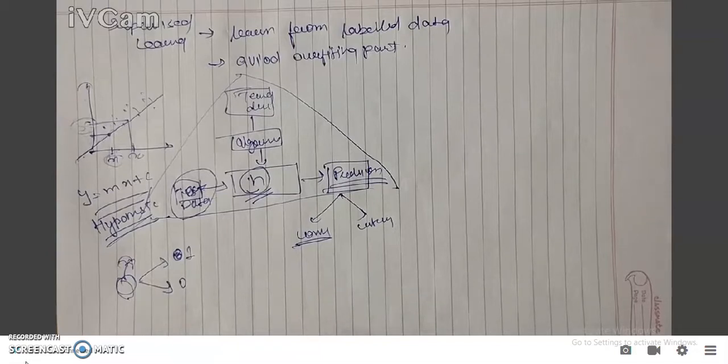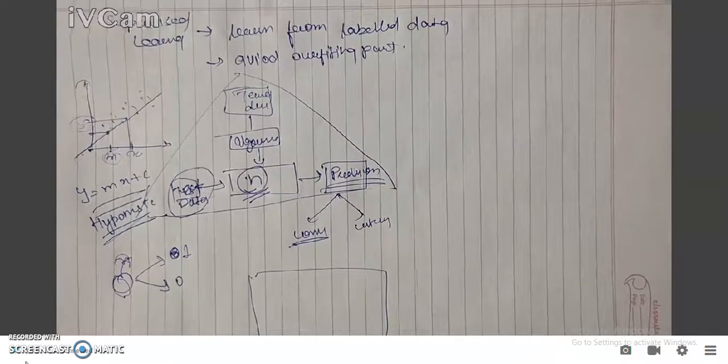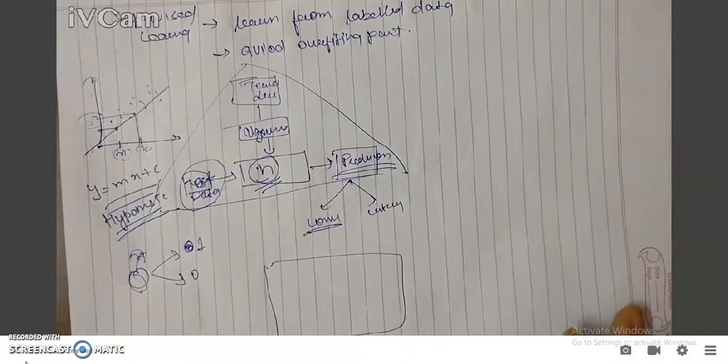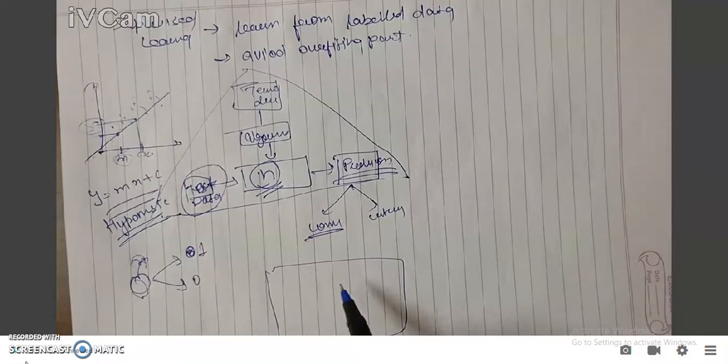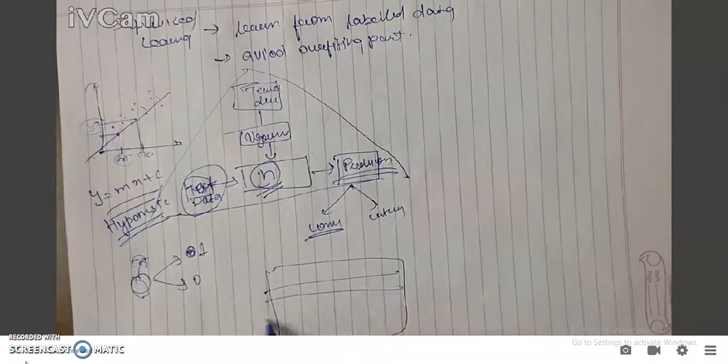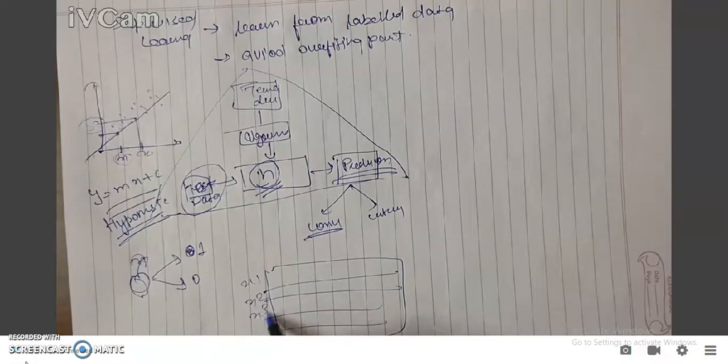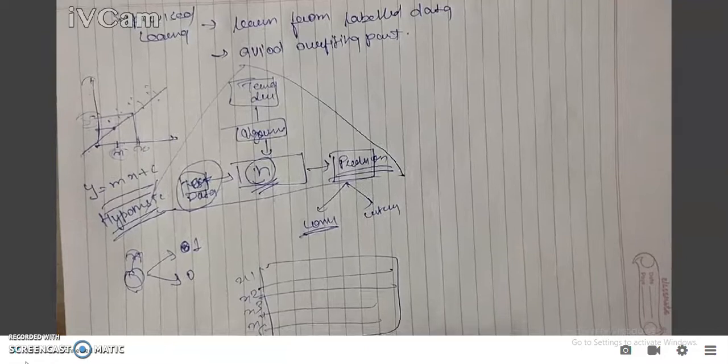If I represent it in the matrix format, then it would be like this. Hope you can see it. Yeah, so this is my matrix, right? Here I have points like this. This is x: x1, x2, x3, x4, x5, right?